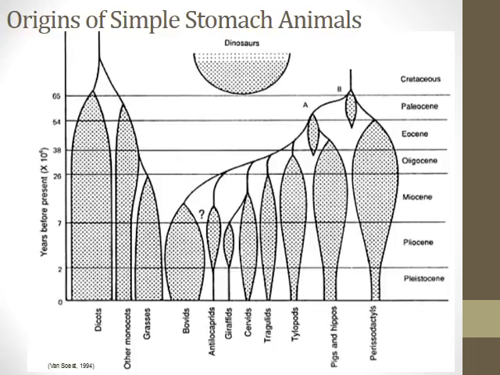So pigs and hippos, those are simple-stomached animals. And then it gave rise to the tylopods, which are llamas, alpacas, vicuñas, guanacos. Those are New World camelids. The tragulids, which are small deer, and cervids, which are your larger deer.